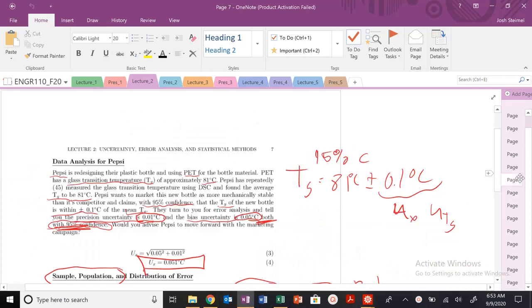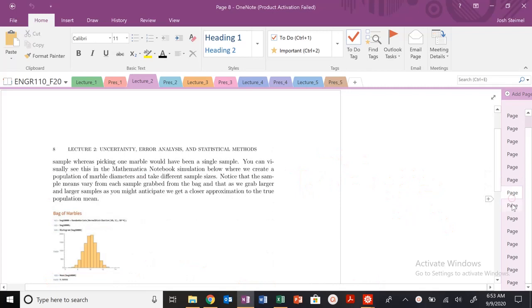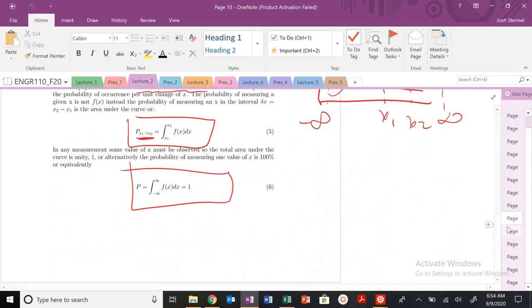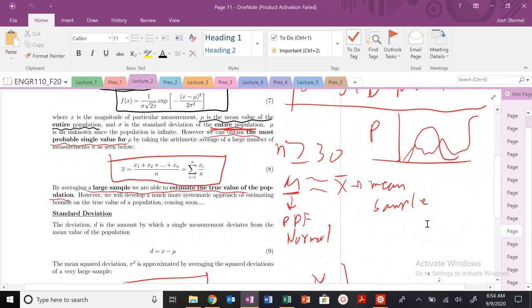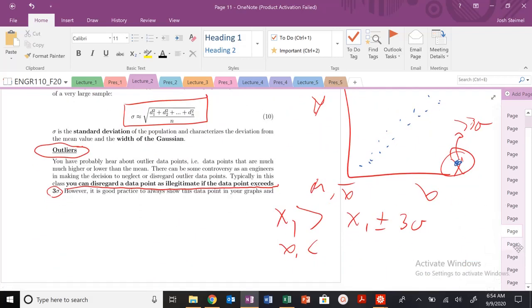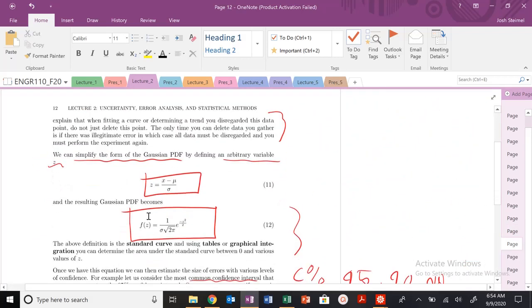So in our lecture notes, we saw that with the change in variable, we could change our probability density function from a function of f of x to a function of f of z. We introduced this new variable z, which accounts for x.